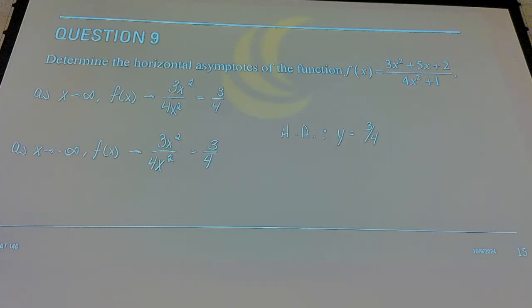Take this one. Perform long division on that. Your quotient is going to be 3/4. I don't know what the remainder is going to be, but I know the remainder is proper, which will tend to 0.